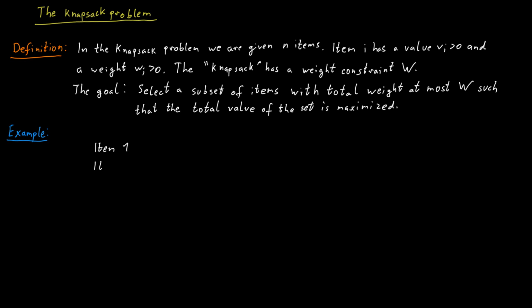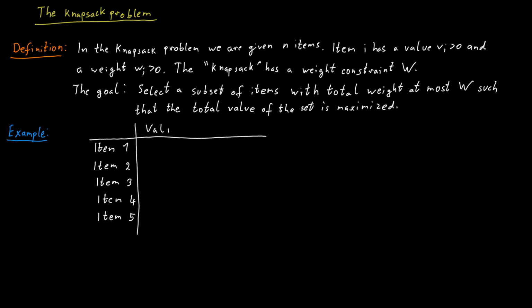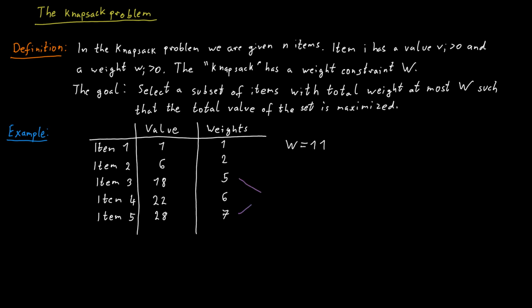So here's a simple example. We have 5 items, and their values are 1, 6, 18, 22, and 28. And their respective weights are 1, 2, 5, 6, and 7. And suppose we have a knapsack with a weight limit of 11.